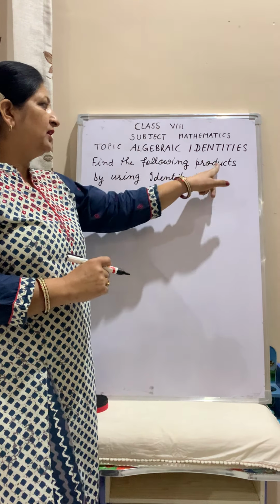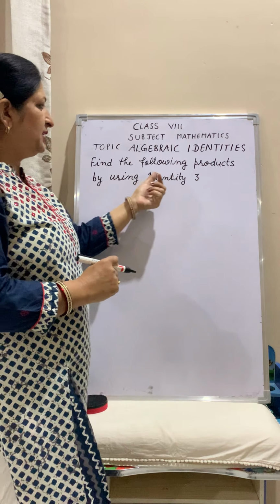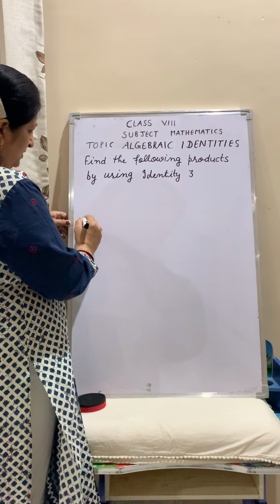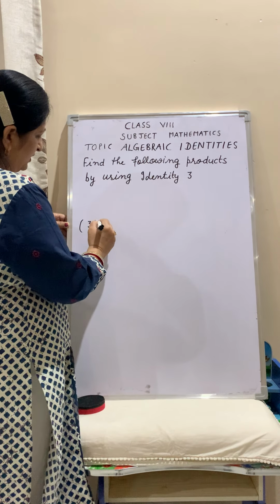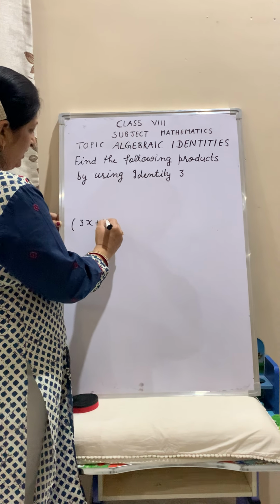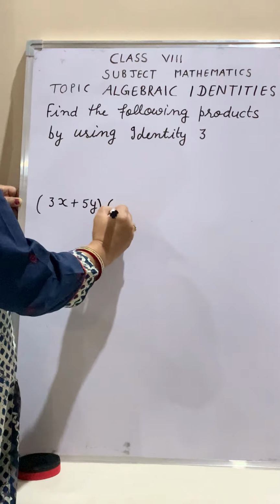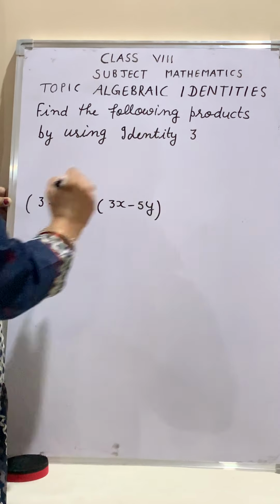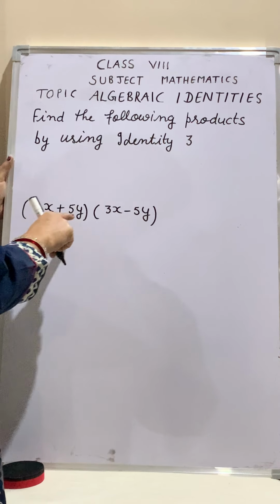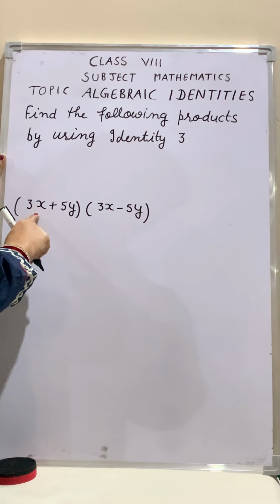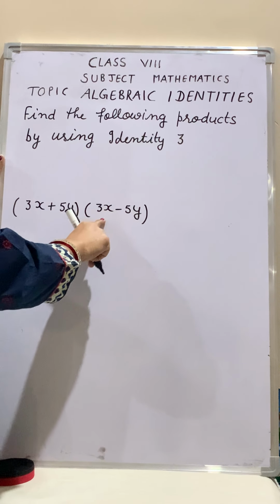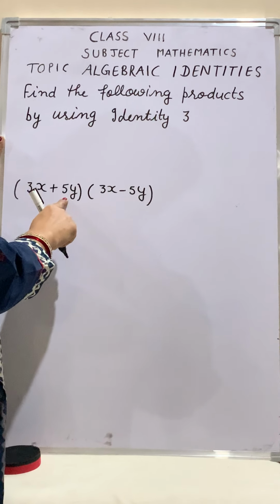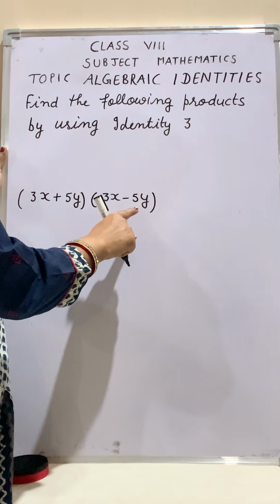Let's solve some products by using identity number 3. If we have to find the product of 3x plus 5y and 3x minus 5y: in the first binomial, the first terms of both binomials are the same, 3x and 3x, and 5y and 5y, but there is one difference.